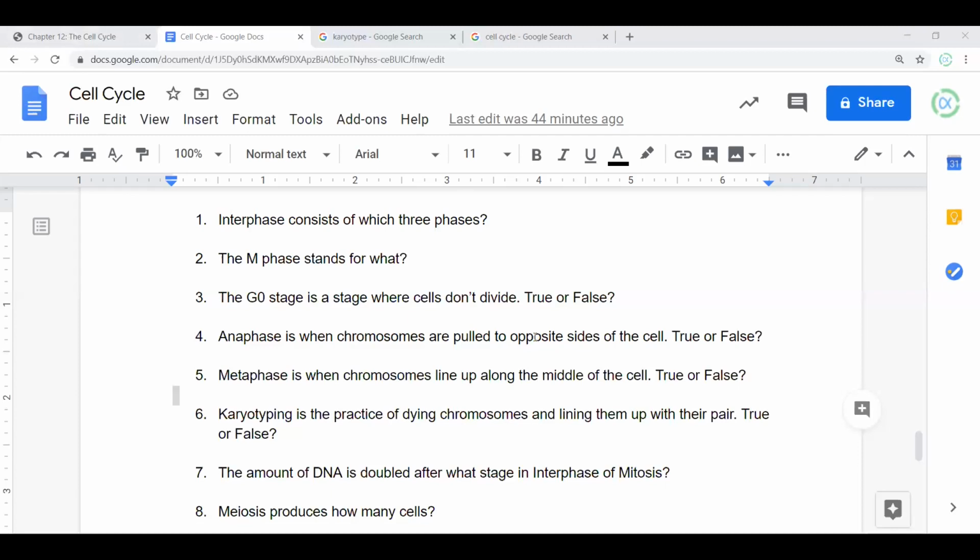The answer here again was true. Remember the metaphase plate. That's when all the chromosomes line up in that orderly fashion at the center of the cell.